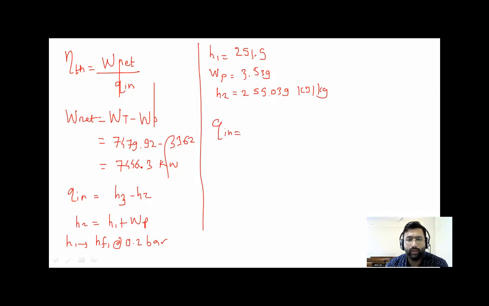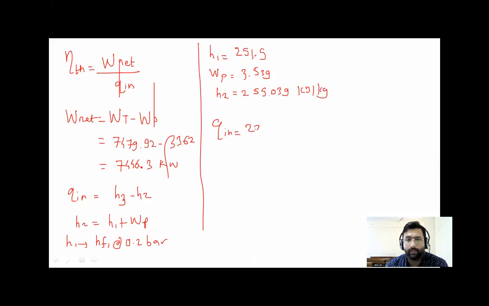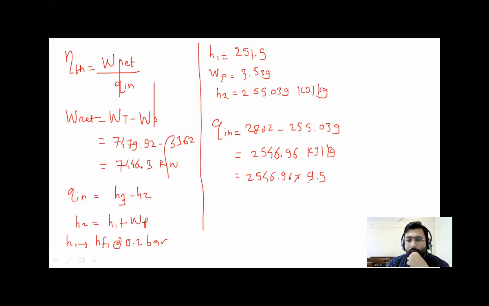So Q in will be equal to H3, that is 2802, minus 255.039. Calculate this: 2546.96 kilojoule per kg. Correct. Convert this into kilowatt: 2546.96 into 9.5. What will be in kilowatt?